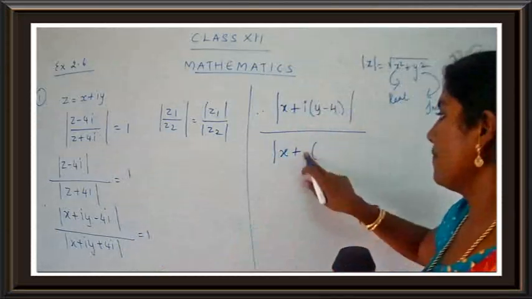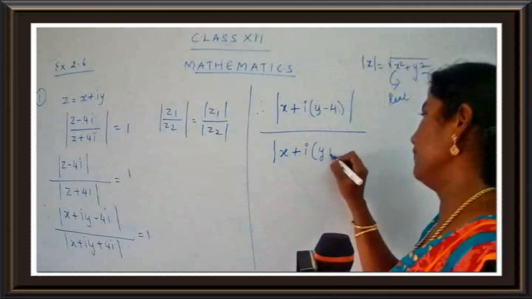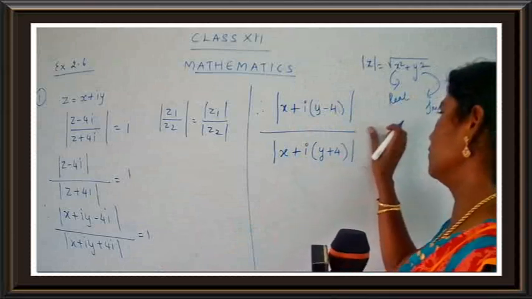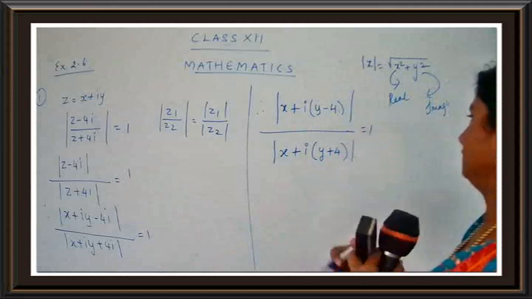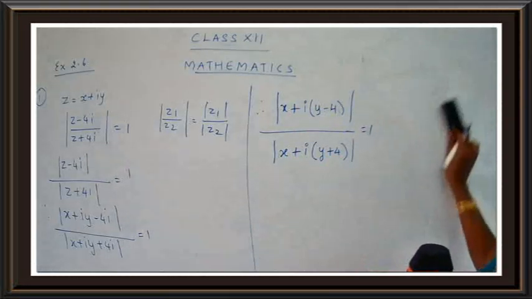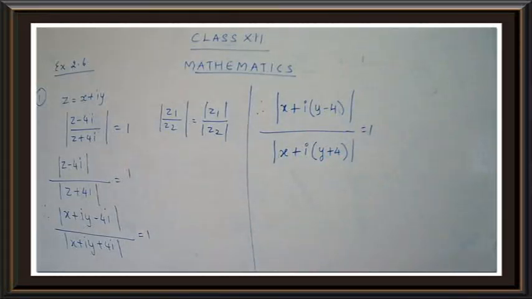So you get here i, y plus 4. This is equal to 1. So modulus of x plus i, y minus 4 upon x plus i, y plus 4 is equal to 1.